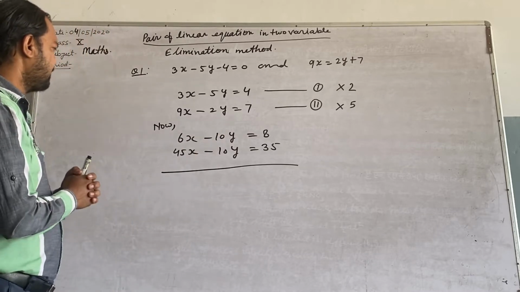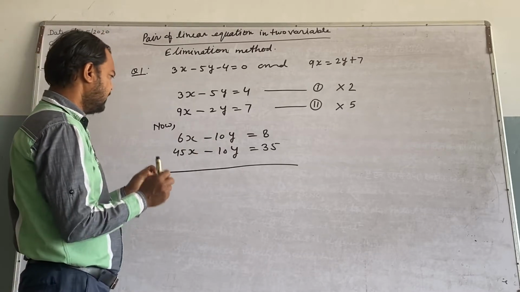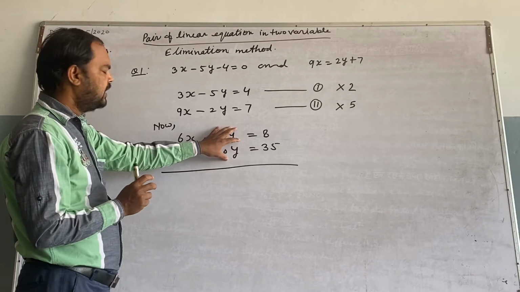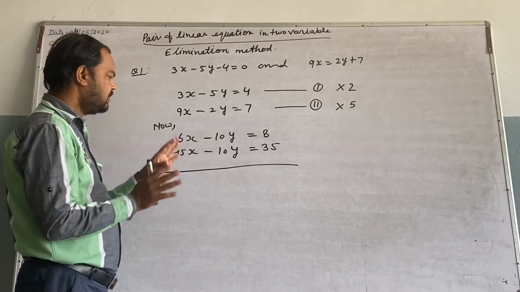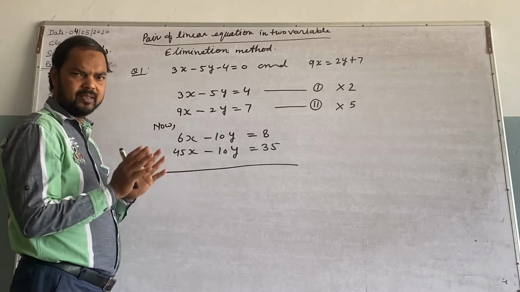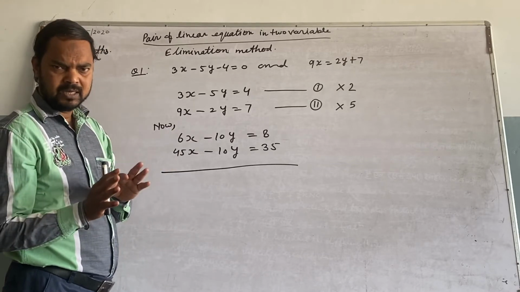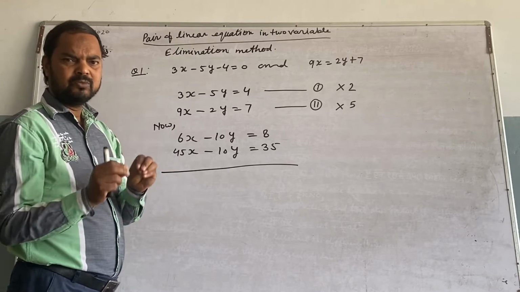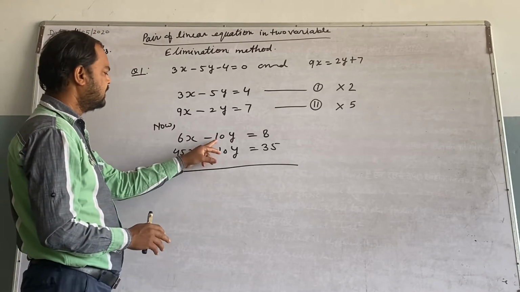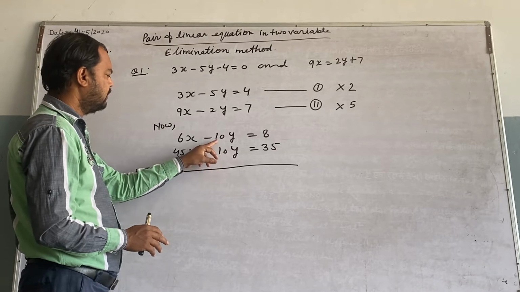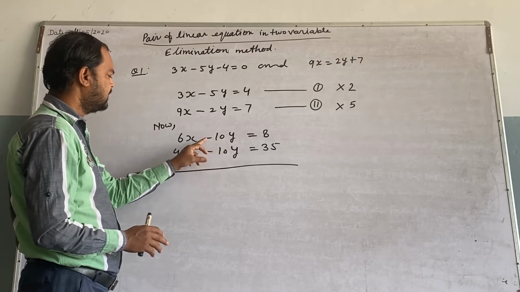In this case, one idea we can use: if the variable which will be eliminated has the same sign, the variable which you want to eliminate, whose coefficients are equal and have the same sign. In this case 10y, both have the same coefficient and the same sign.